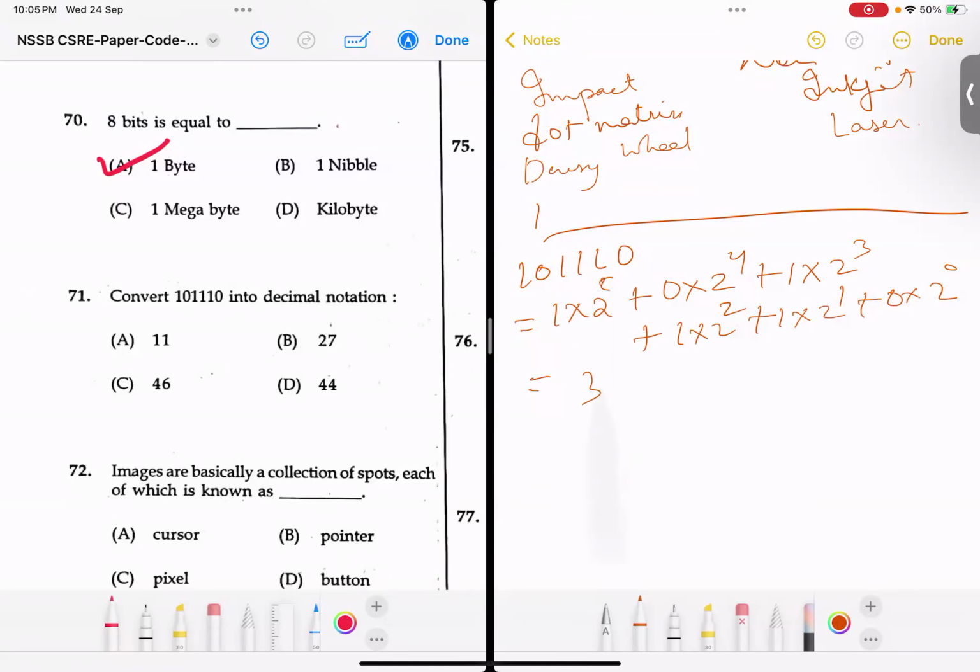So it will be 32 plus 0, plus 8 plus 4 plus 0. So this will be 44, right?